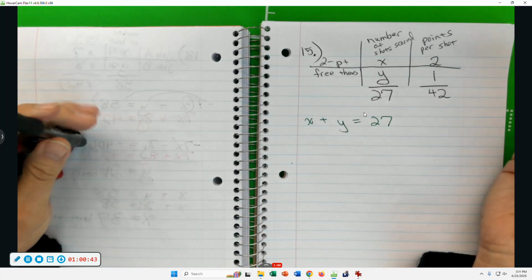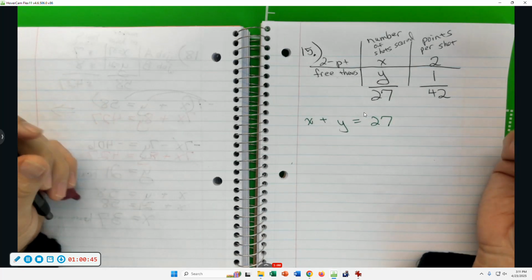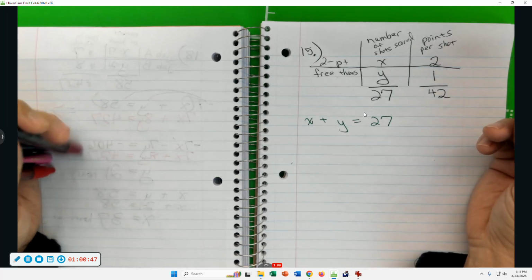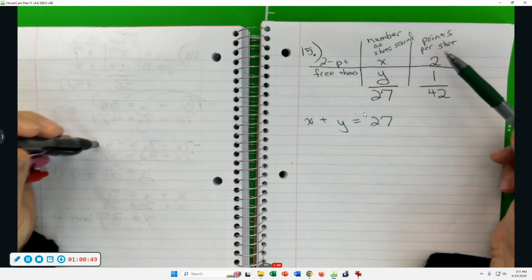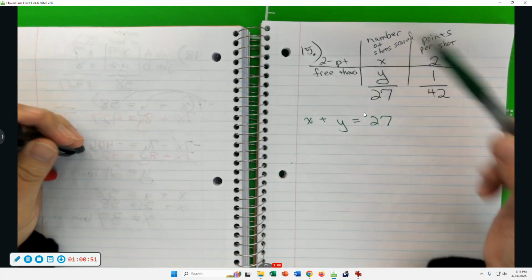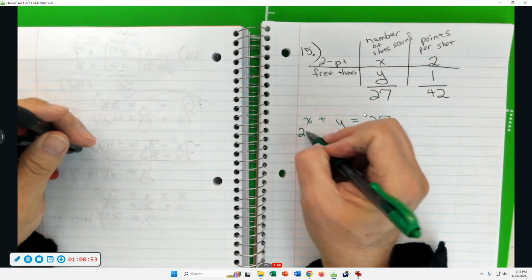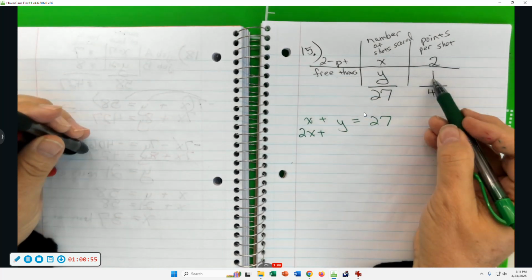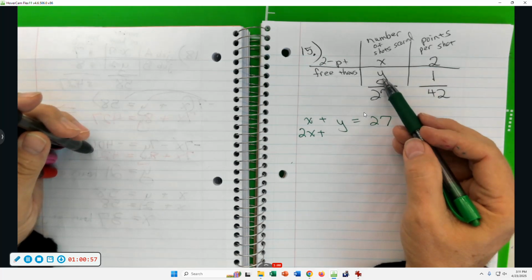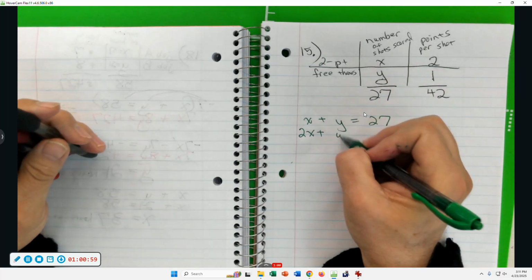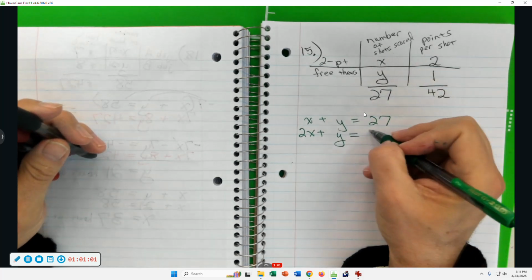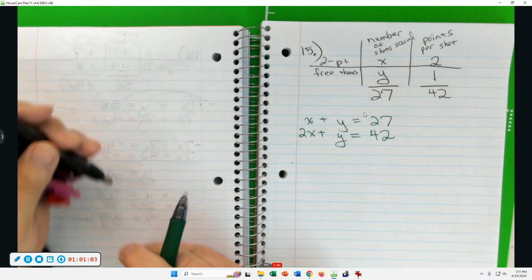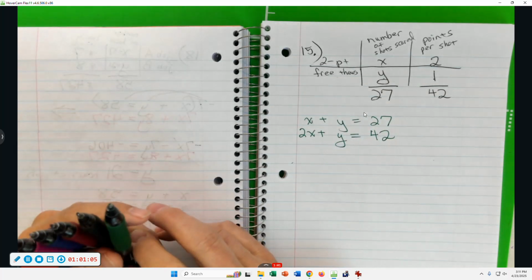And now we need another equation. 2x, points per shot times the number of shots, plus Y, points per shot times the number of shots, equals 42. Any questions on our logic there?